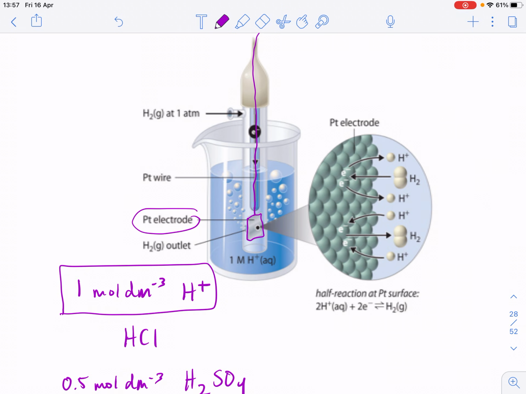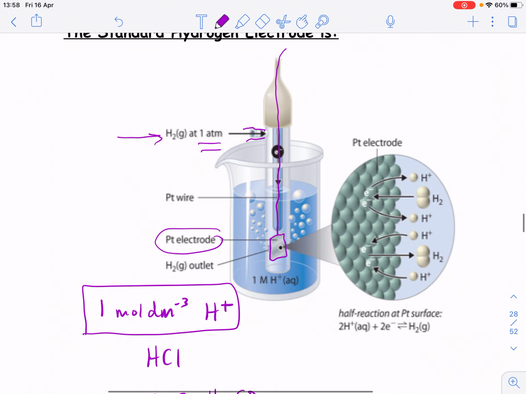So you'll see that you have the metal electrode coming down, and then in this special electrode, it's actually hooked up so that hydrogen gas can be pumped into the electrode and around the electrode at a pressure of 1 atmosphere. And so it needs to be at standard pressure. So for us, in the IB, we would say it has to be at a pressure of 100 kilopascals, which is a tiny bit different than 1 atmosphere, but that's okay.